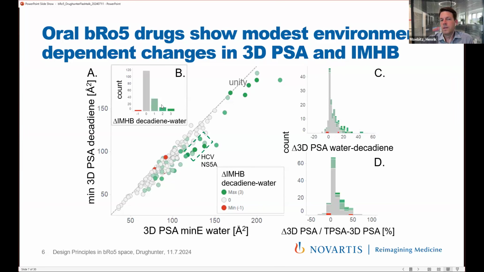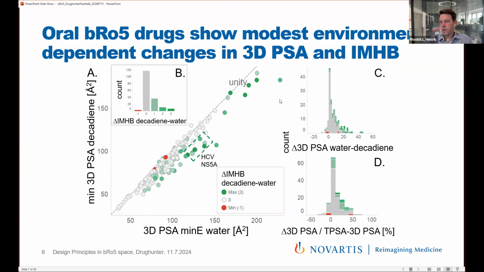And you can also see that there are few disconnects between the two 3D PSA measures. All data cluster very closely around the unity line. The plot on the top right is another version of showing that. And even for the ones where I mentioned there are changes in intramolecular hydrogen bond, the change is only roughly 10 square angstroms per intramolecular hydrogen bond formed in decadiene.